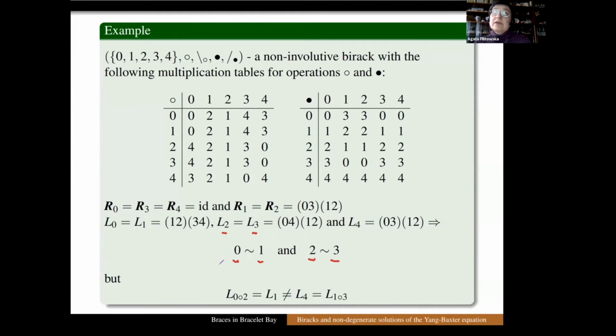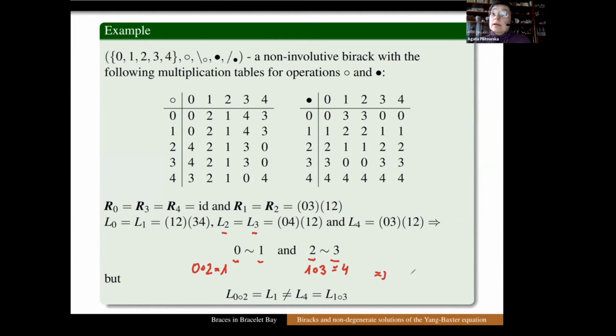But the result of multiplication 0 by 2 is equal to 1, and when we multiply 1 by 3, we obtain 4. But the translation by 1 is not equal to the translation by 4.